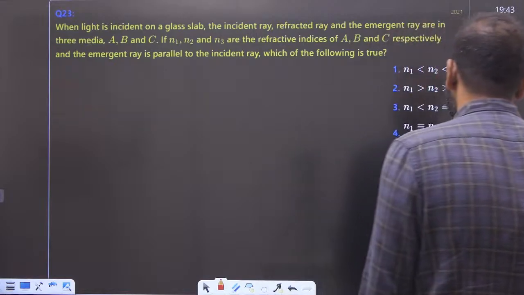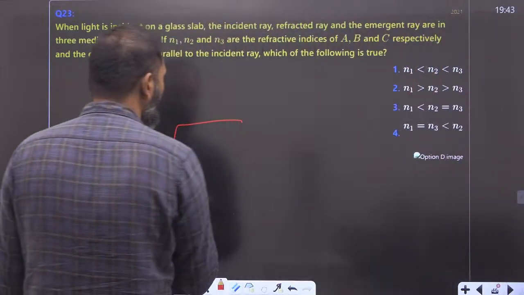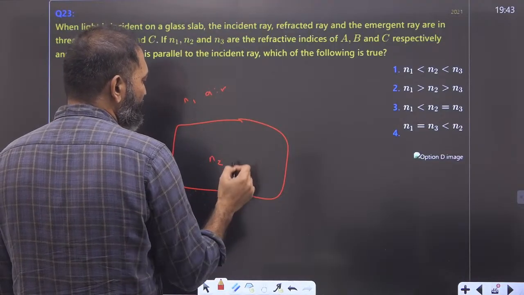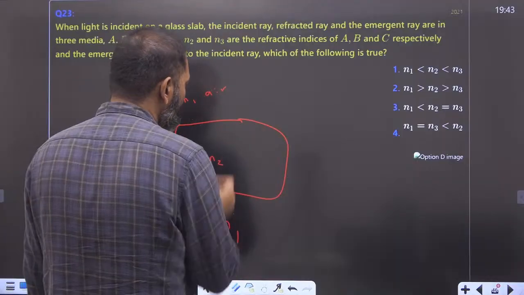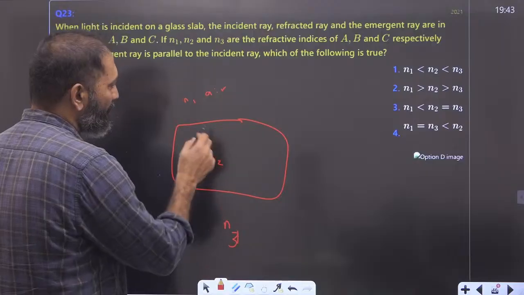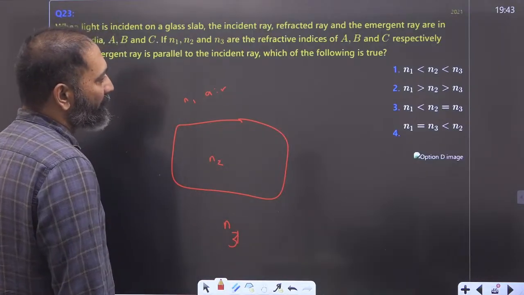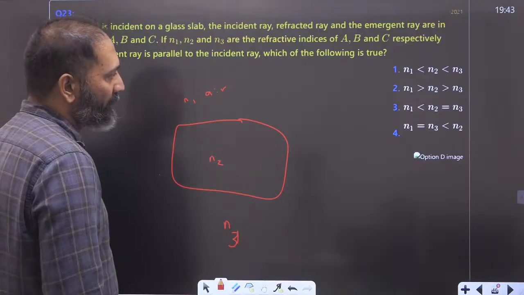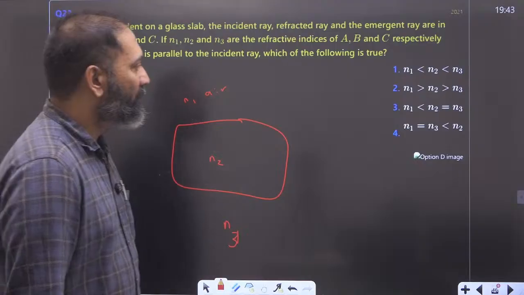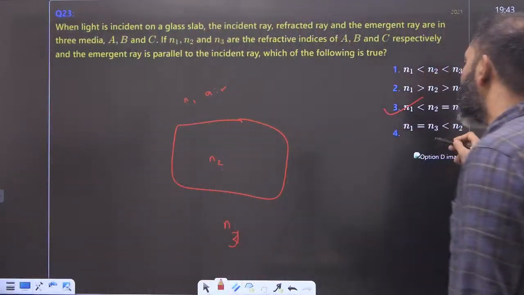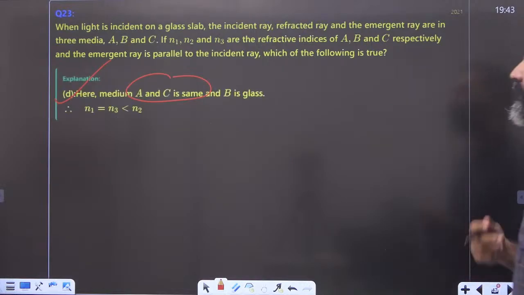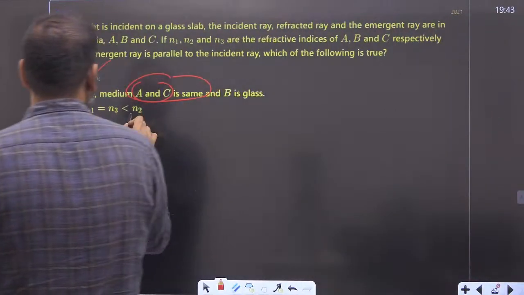മനസ്സിലായോ? അതായത് ഇത് ഗ്ലാസ് സ്ലാബ്, ഇത് എയർ, അതിന്റെ റിഫ്രാക്റ്റീവ് ഇൻഡെക്സ് N1, ഇത് ഗ്ലാസ് സ്ലാബിന്റെ N2, പിന്നെ പുറത്ത് വരുന്നത് വീണ്ടും N1ലേക്കാണ്. അപ്പോ N3 ഈക്വൽ ടു N1 ആണ്. അപ്പൊ N1 ലെസ് ദാൻ N2 ആണ്, ദാറ്റ് ഈസ് ഈക്വൽ ടു N3. ഡൗട്ട് ഉണ്ടോ? ഇവിടെ മീഡിയം A and C സെയിം, അതുകൊണ്ടാണ് ഈക്വൽ ടു വന്നത്.